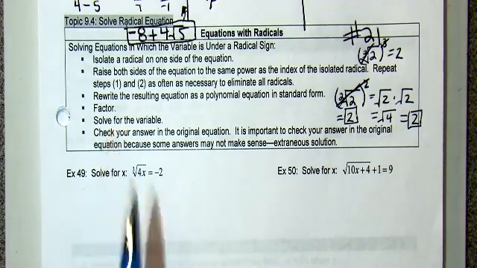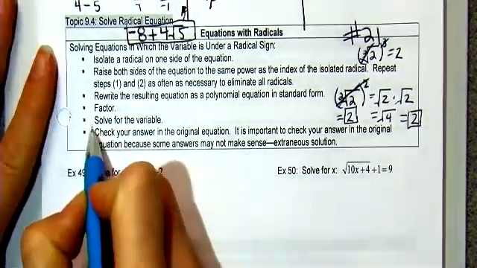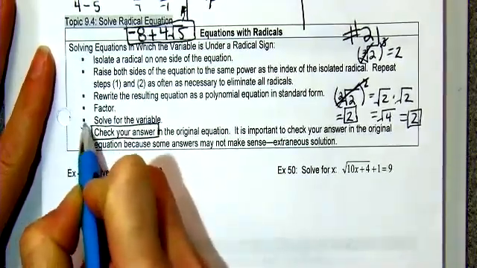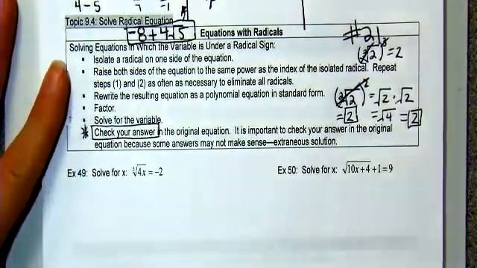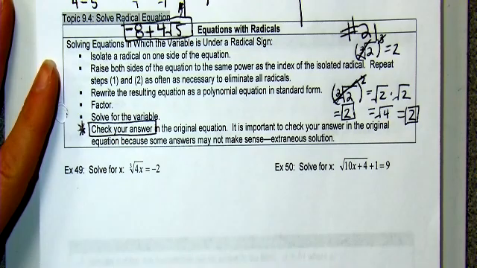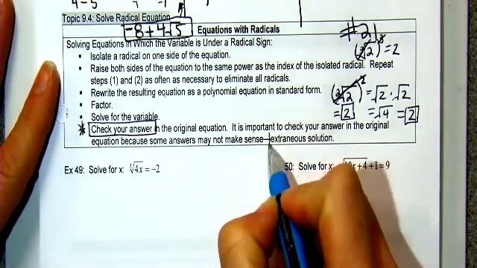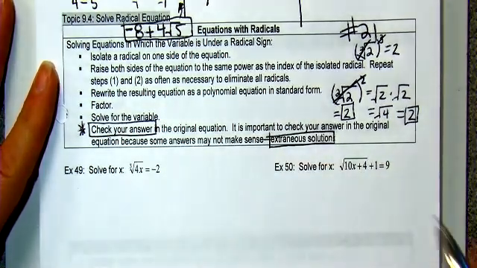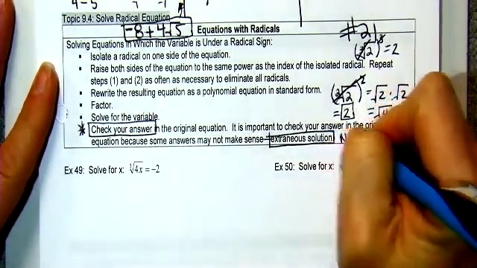One thing about this section is you do have to check your answers every time, because there are times that when you plug the solution back in, it doesn't really work. That's just because of how radicals work with positive and negative signs. That would be called an extraneous solution, but in WebAssign, you would just say no solution.